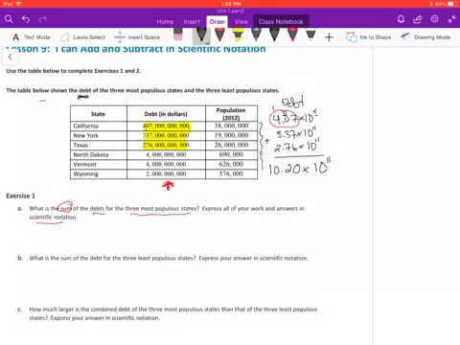So now I have this, and this is all for number 1. I don't have a lot of room here, so I'm going to put it here. What I get is 10.20 times 10 to the 11th. This isn't scientific notation because my lead factor is too big, right?